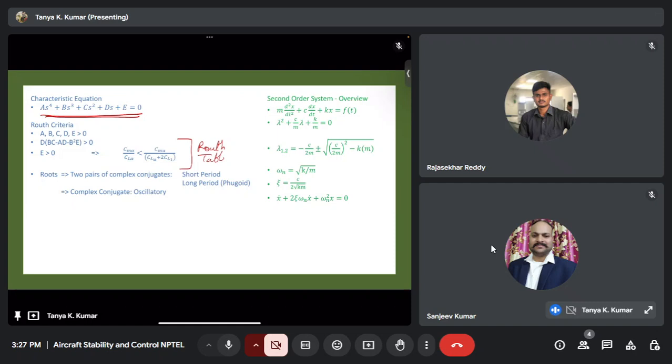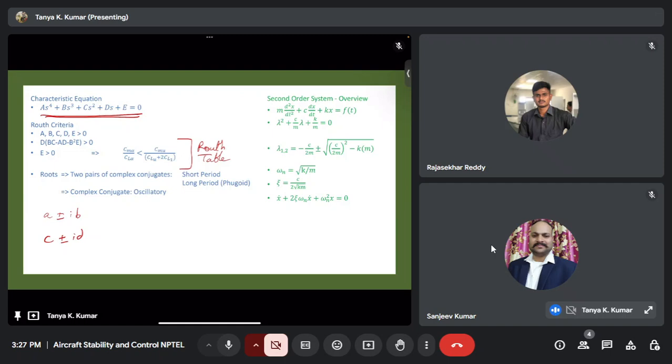Now when we take the roots of the system, they almost always come in pairs, two pairs of complex conjugates. So there are four roots to this system, and they come in the form of two pairs of complex conjugates, something like A plus or minus iB, C plus or minus iD. These are the roots of the system.